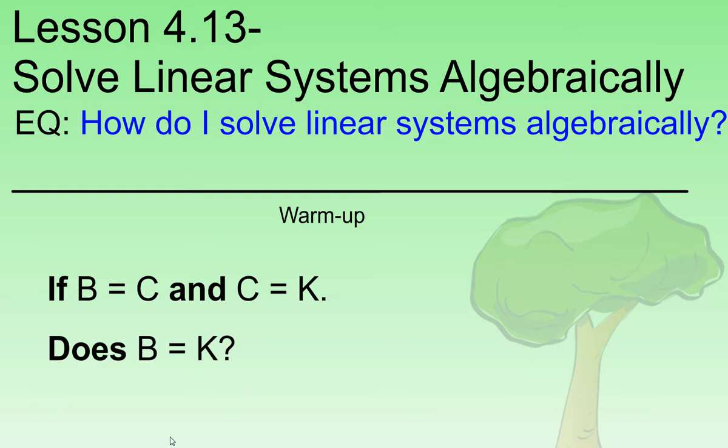This is actually a property in math known as the transitive property. The transitive property says if B equals C and C equals K, then B equals K. Meaning, because this is the same letter here, all three of these are essentially the same thing. That's this transitive property.